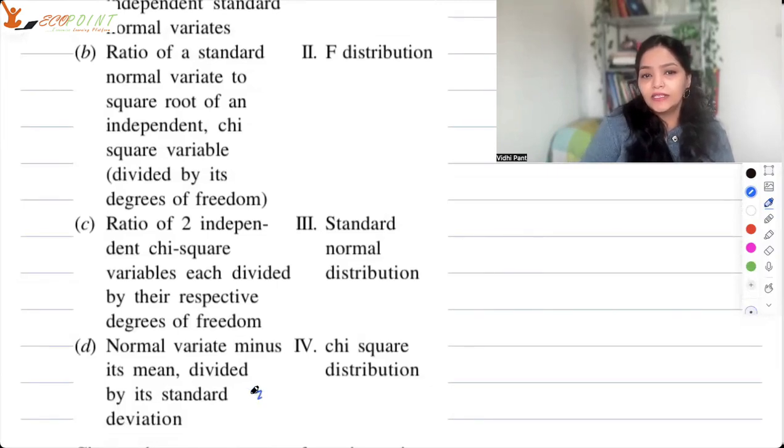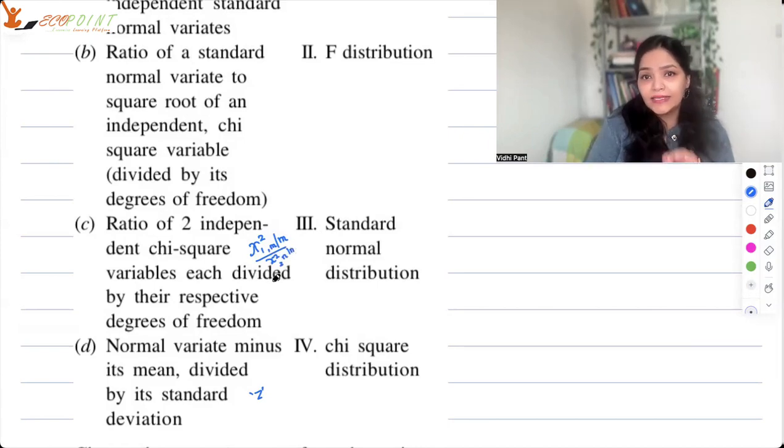Well, this clearly is Z. Ratio of two independent chi-squares divided by their degrees of freedom: chi-square 1, with degree of freedom m, divided by m, upon chi-square 2, with degree of freedom n, divided by n.